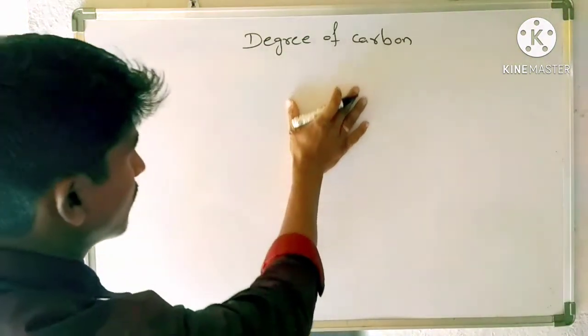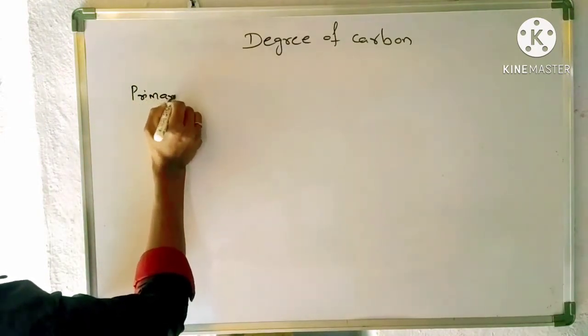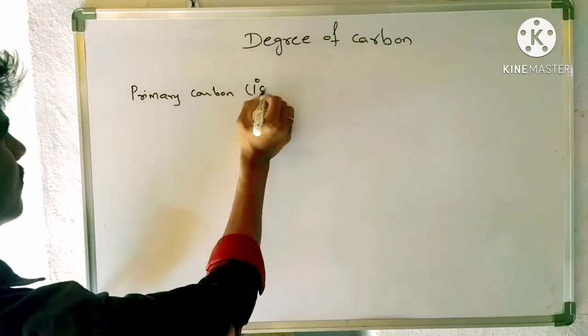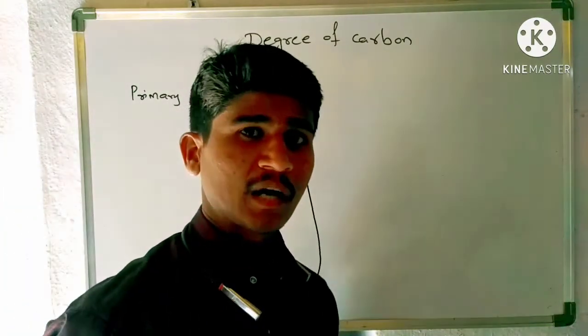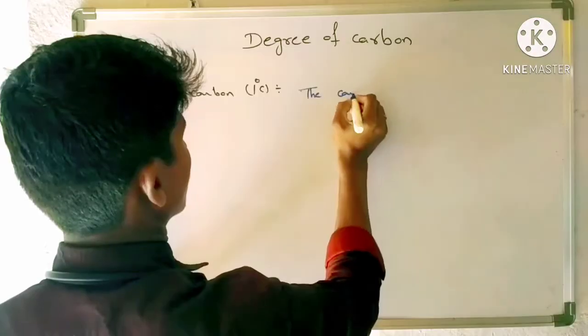In the degree of carbon, we have primary carbon, nothing but 1 degree carbon. So what is primary carbon or 1 degree carbon? Primary carbon means the carbon which is attached to only one other carbon.